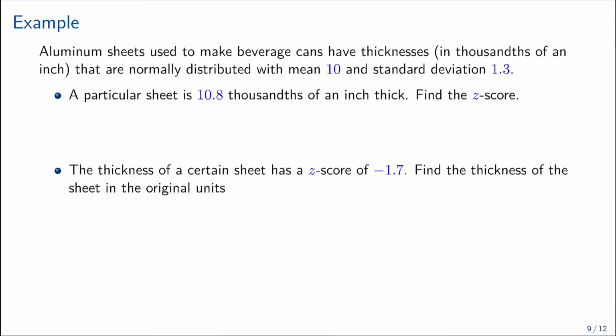So we need to convert from x to z. According to our definition, z is equal to x minus mu divided by sigma. So in this case it will be 10.8 minus mu, which is 10, divided by sigma, which is 1.3, and this is equal to 0.62.